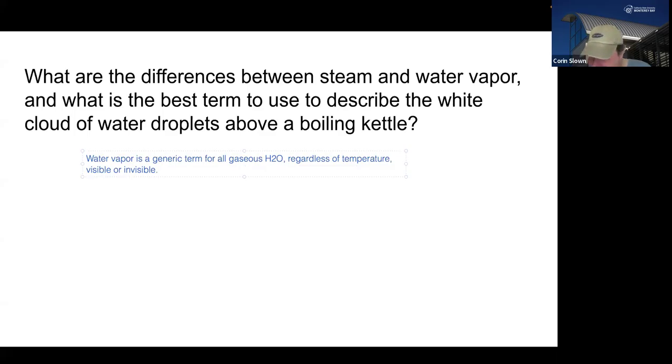You may not ever see it. Steam, however, refers to the visible water vapor, often due to the condensation of water droplets, and usually it's associated with boiling water.